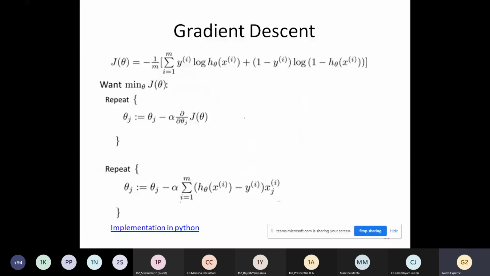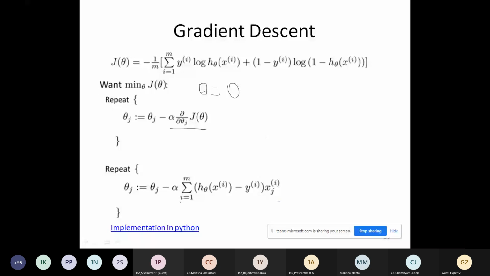Now, gradient descent is used for estimating the value of theta in logistic regression. Initially we have to initialize all theta with some initial value, it could be 0, and then we have to repeatedly run gradient descent, and in each iteration we have to change the value of theta, and continue this until we find the minimum of the cost function.